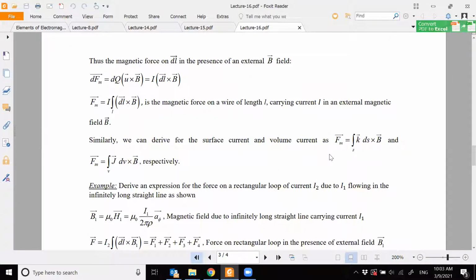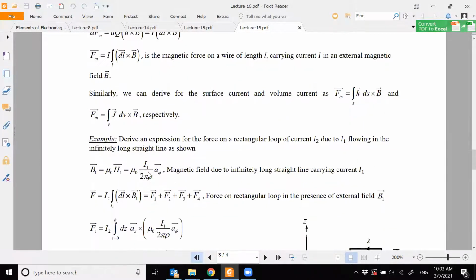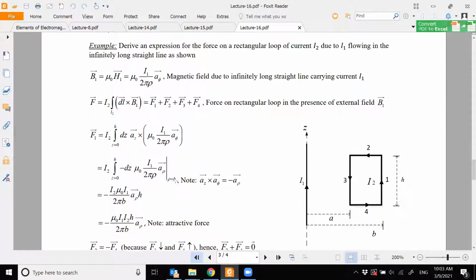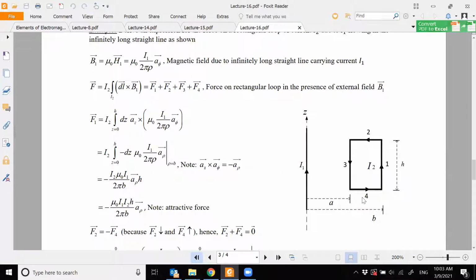And we extended that to the surface and the volume currents. We took this example and found the effect on this rectangular loop due to the presence of another current element, which is here. To find the magnetic force on this rectangular loop due to this current, we first found the magnetic field external to the loop, coming from this line current.